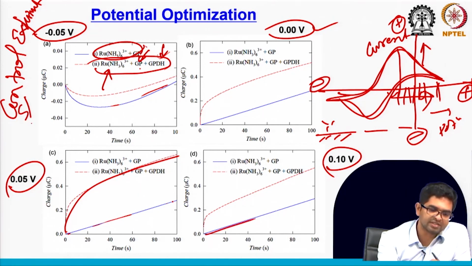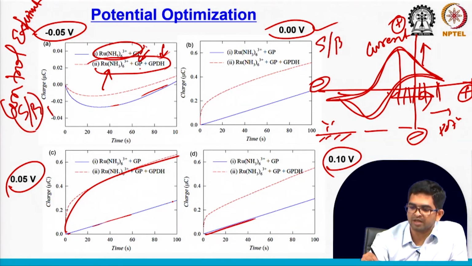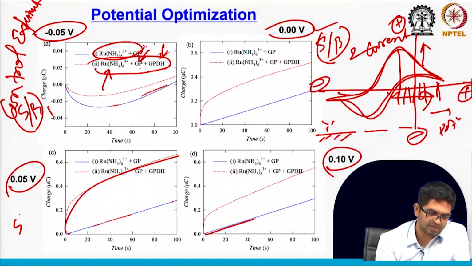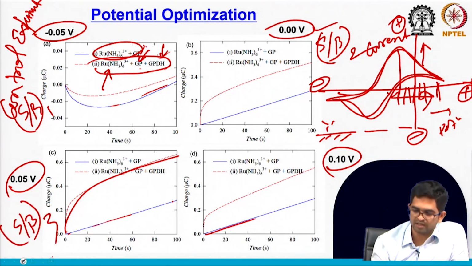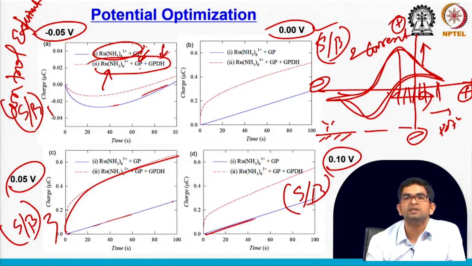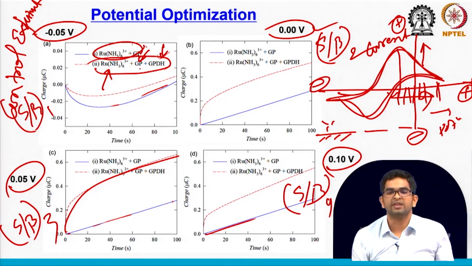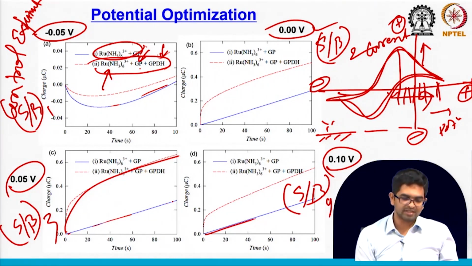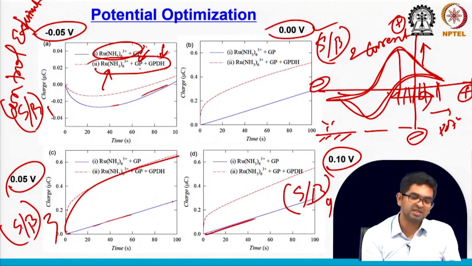Then you have to calculate signal to background: this value 1, then this value S by B2, S by B3, and here also S by B4. So all the values we have to calculate. Now let's see which S by B value is the best, the highest value.